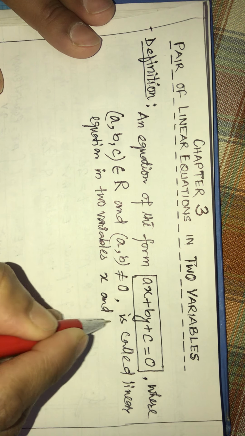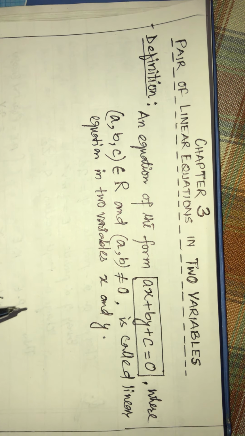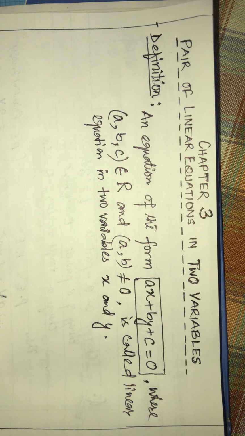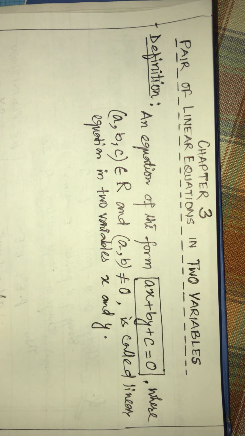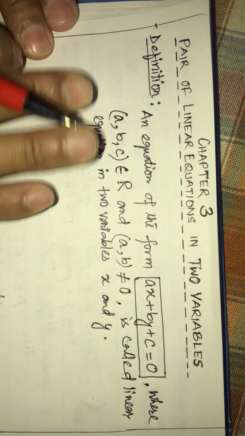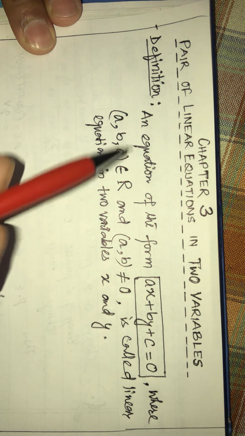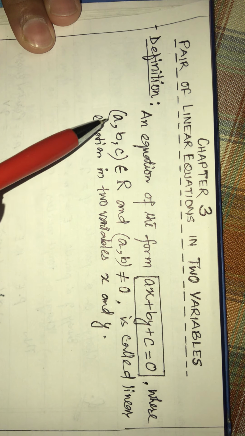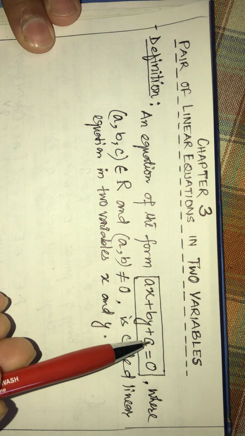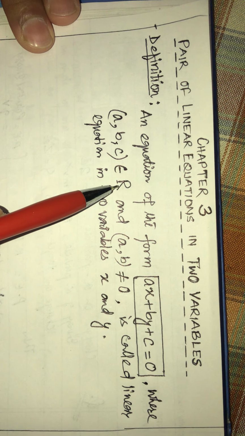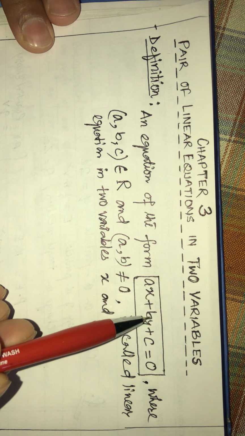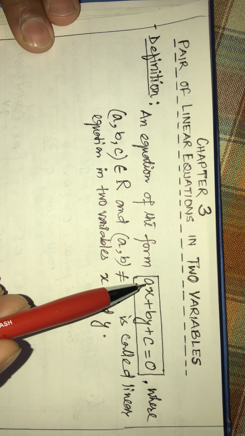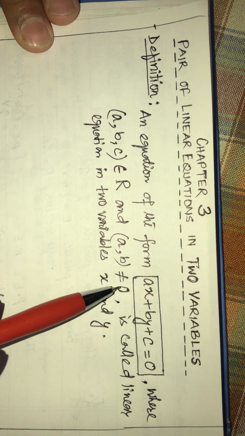So this is how we define linear equation in two variable. The definition is very simple: an equation of this form, where a, b, c are real numbers, and a and b, this is the most important thing, in any case a and b should not be 0.